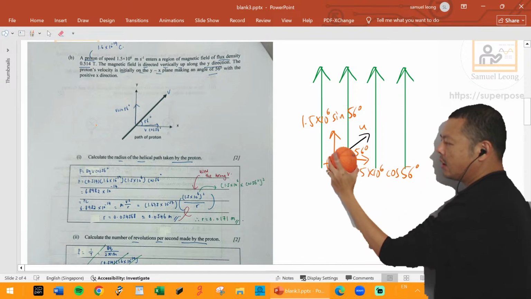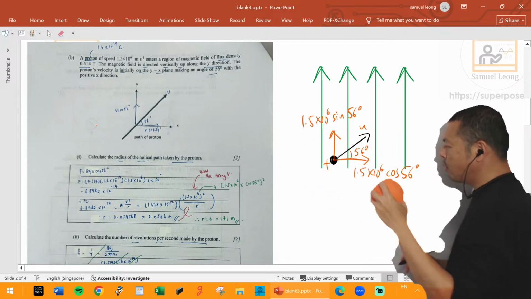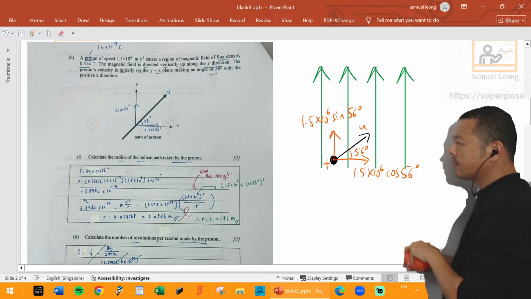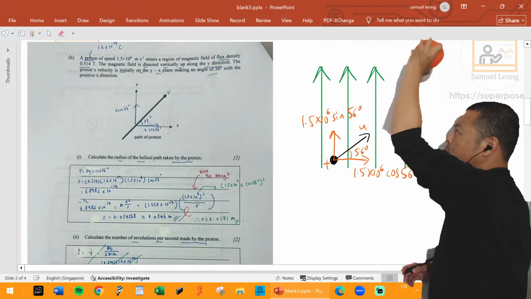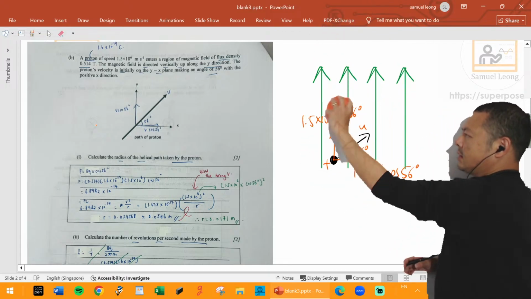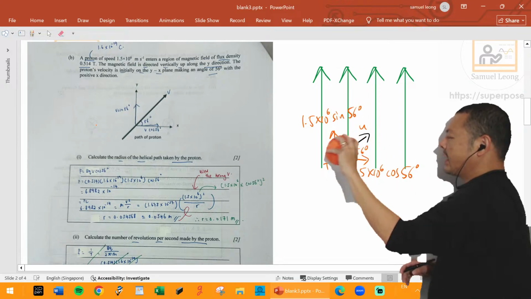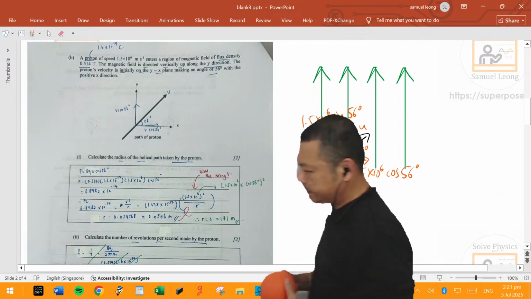So you've got your particle here and it goes around like that. The circular motion is due to this speed, but it also has a forward motion, so the particle will do this as it goes up, helical motion as it goes forwards like that.